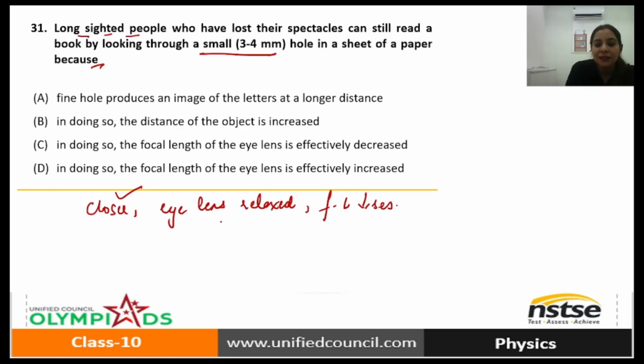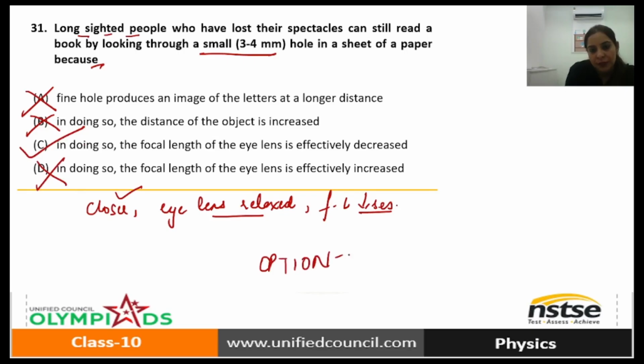So at that time their eye lens is relaxed, due to which the focal length increases. Now out of this, option A says the fine hole produces an image of the letters that is longer. No. In doing so, the distance of the object is increased. No, the distance is not increasing. In doing so, the focal length of the eye lens is decreased. True. So which option is correct? Option C is correct.